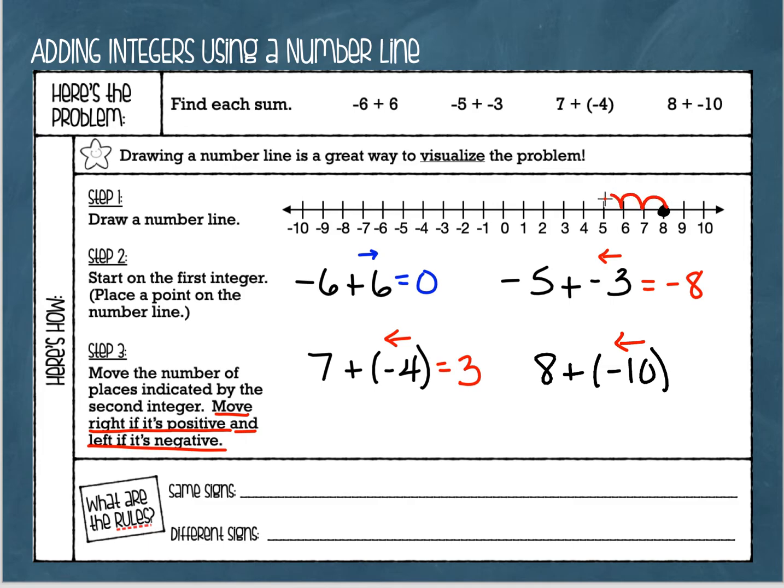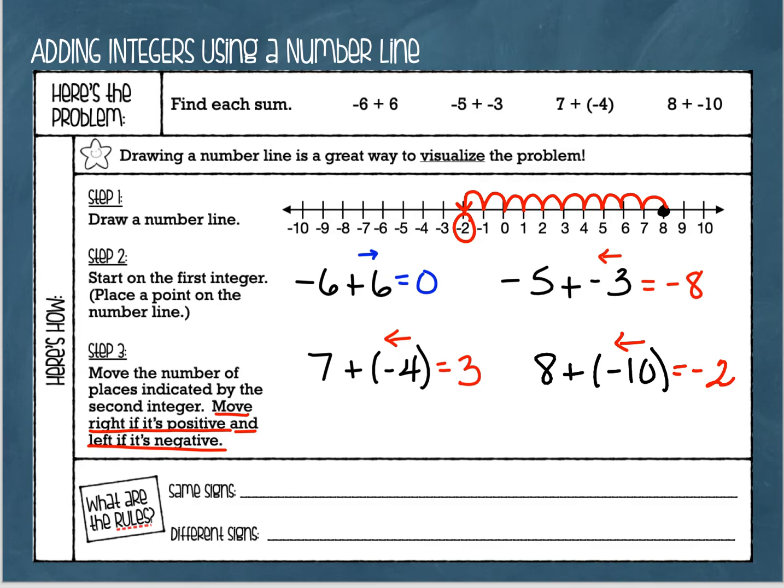So 1, 2, 3, 4, 5, 6, 7, 8, 9, 10. And I end up right here at -2. So you can see how a number line just really helps you to see where you're starting and where you're going, and hopefully it helps you to understand those rules a little bit better.